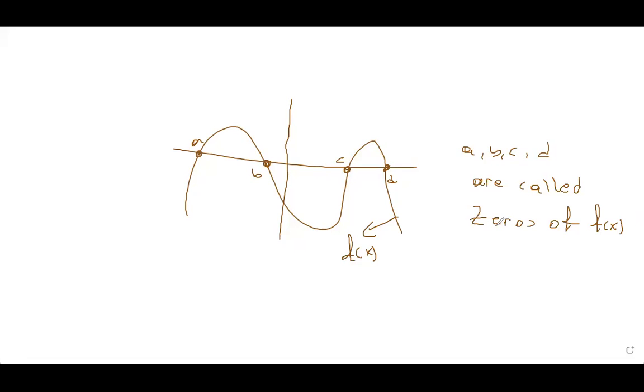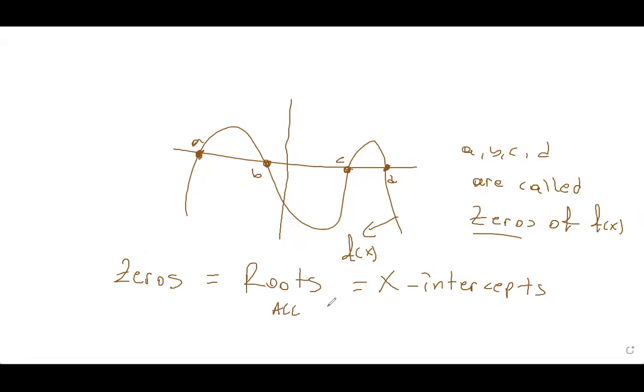So what does it mean? Where the function cuts the x-axis, it is called a zero of the function. So zeros or roots or x-intercepts, they have the same meaning.